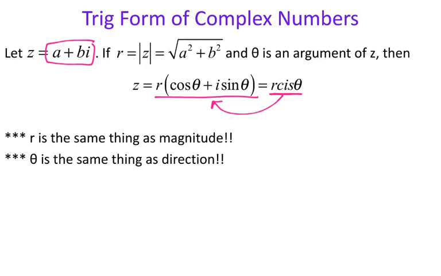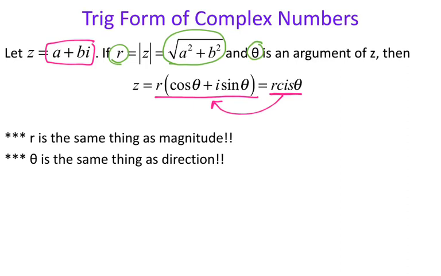In order to write your complex number in trig form, you need to know two pieces of information. You need to know what r is, and you need to know what theta is. r is equivalent to the absolute value of the complex number, which is the square root of a squared plus b squared.